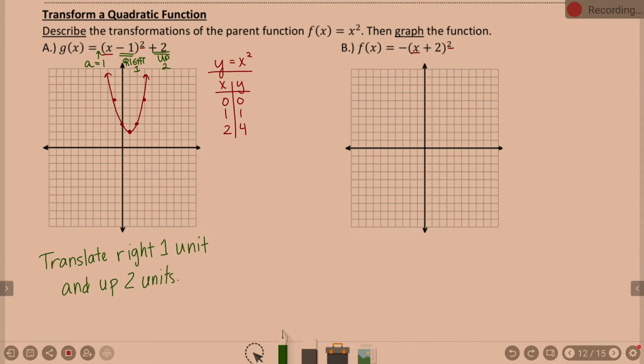What's being done to this parabola? It's not going to open up this time, is it? It's going to be an upside down parabola, isn't it? Because there is a negative here, because a is -1, that means my parabola is going to be upside down.